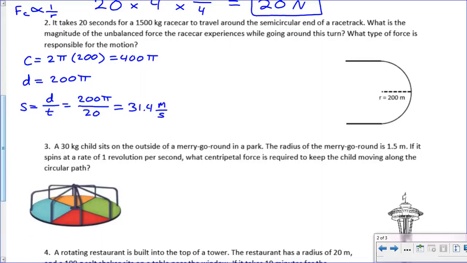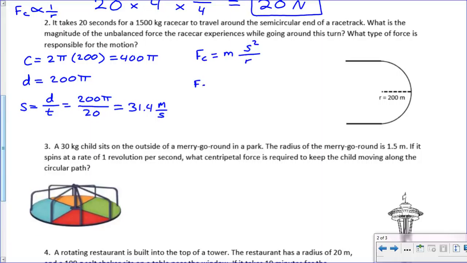In a lot of these problems, you're going to be set up like this. I don't give you speed directly. You have to look at how far it's traveled and how long it took, and then you calculate speed from that. After we know that, we say Fc equals m v squared over r. We have all of these things.